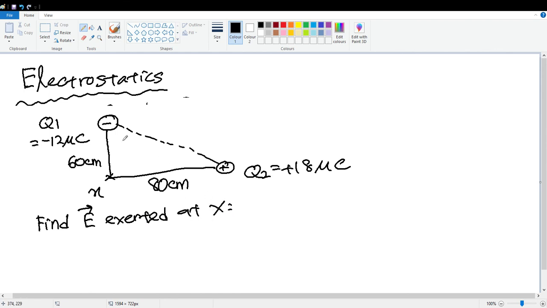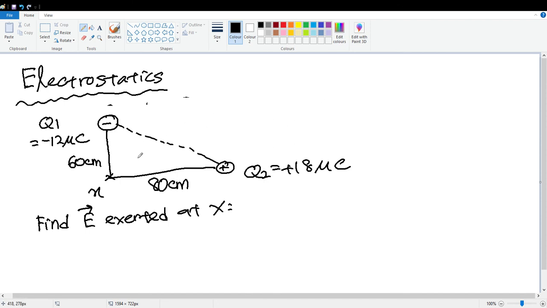The question is actually asking about the resultant electric field, which is the force per unit charge acting at this point when two charges are interacting.